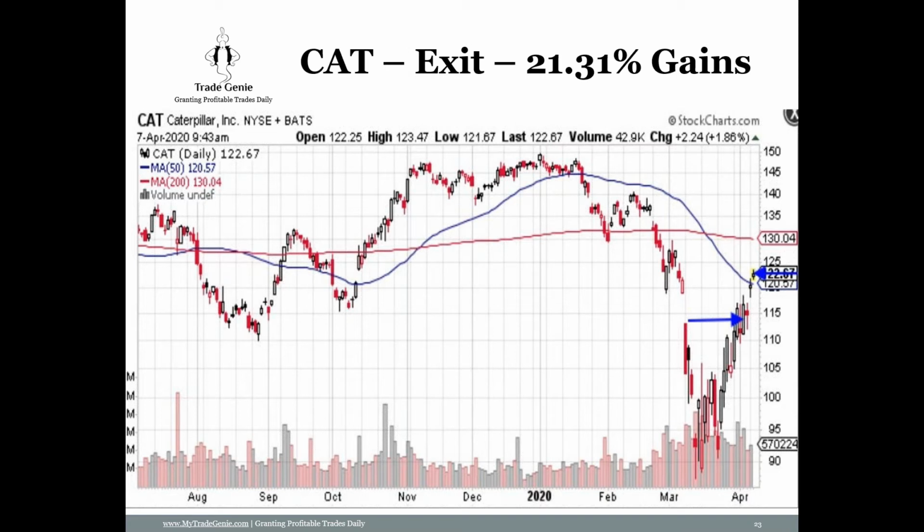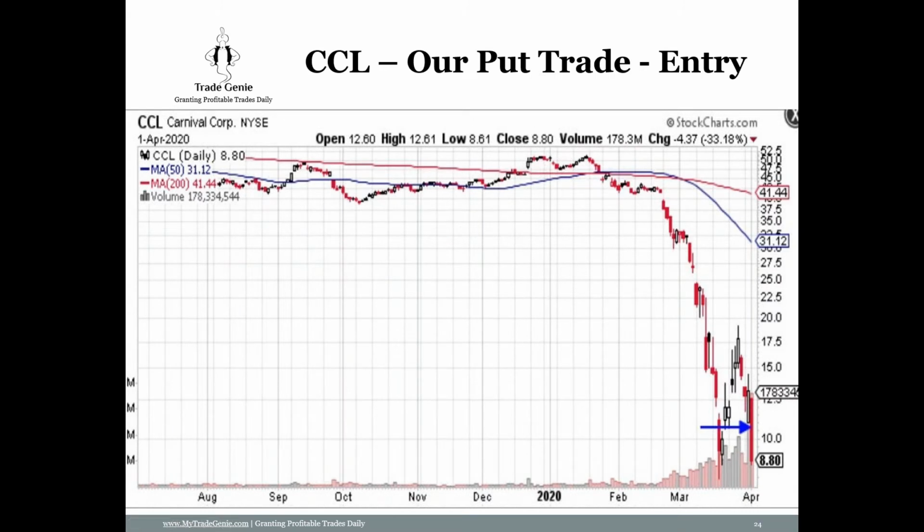I don't like tiny candle on the way up when I'm in the trade. I like tiny candle when I want to get in the trade. I don't like it when I'm in it and I want to get out. So I exited. 21% gain. That was not bad.